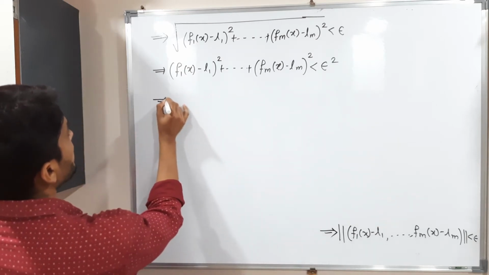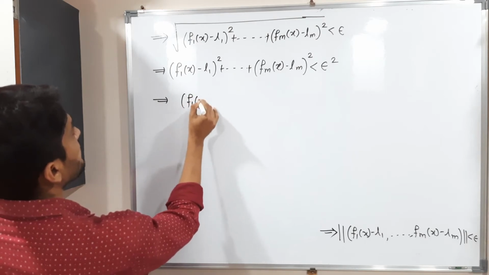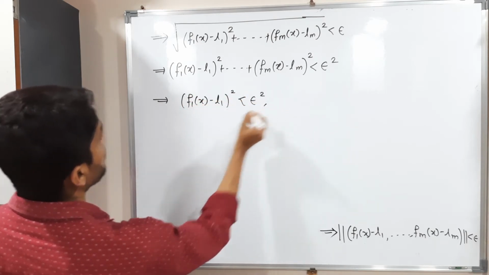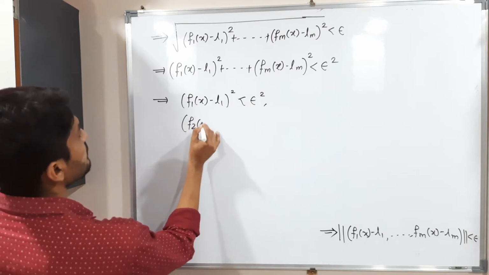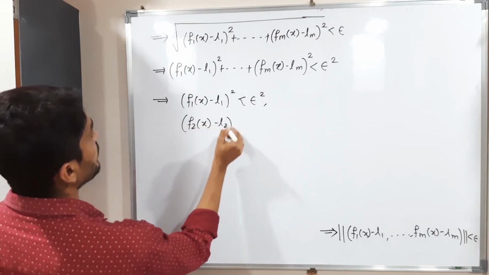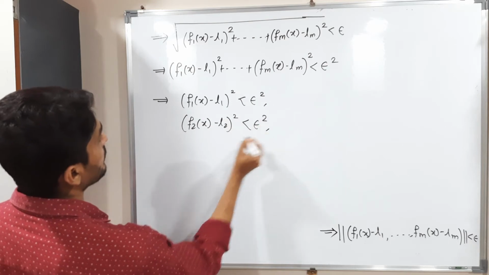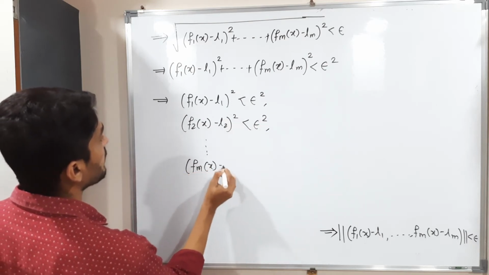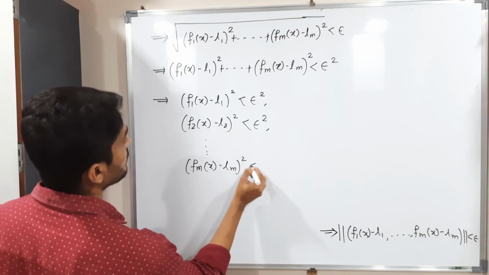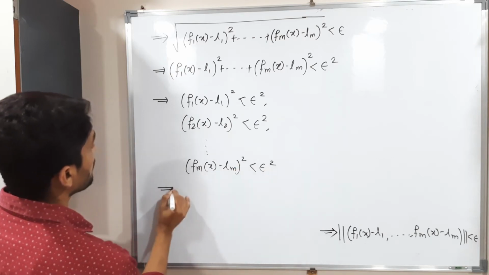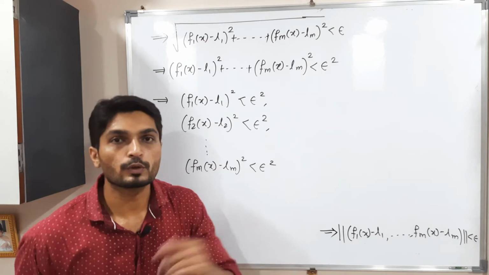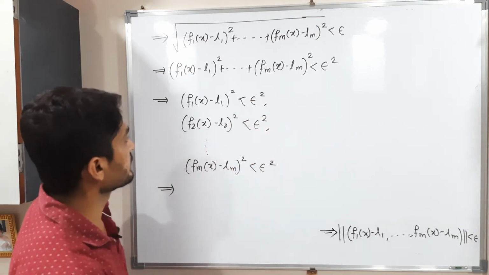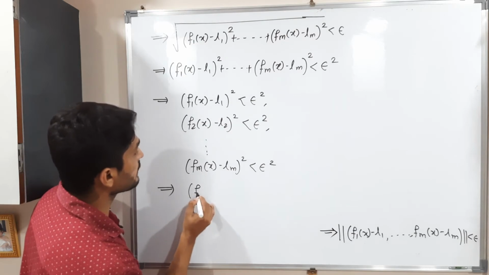So this implies I can write (f1(x) − L1)² less than epsilon squared, (f2(x) − L2)² less than epsilon squared, and so on. We can write (fm(x) − Lm)² less than epsilon squared. This implies, see, I will take the square root of both sides, by considering the positive square root.